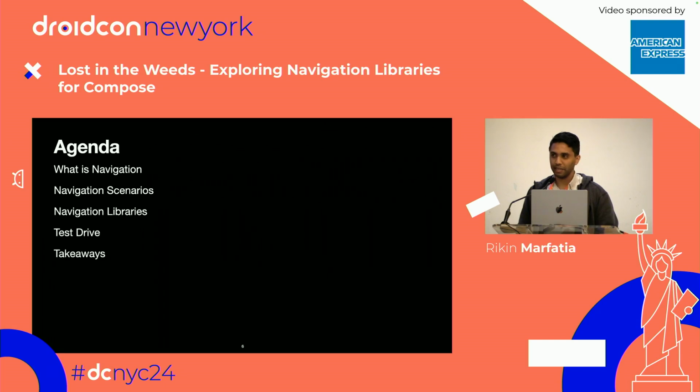And then I'm going to go into a back and forth where I give a little primer on the library itself, and then go into a code sample to show you what that code actually looks like, and then go through these various navigation scenarios. I'm going to do that about 3 times to test drive 3 different libraries. And then we'll have some takeaways at the end.